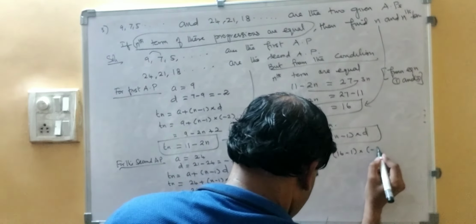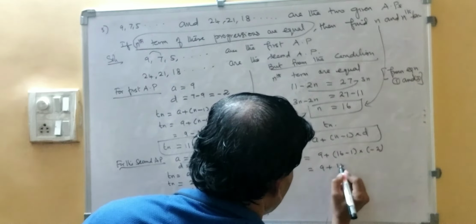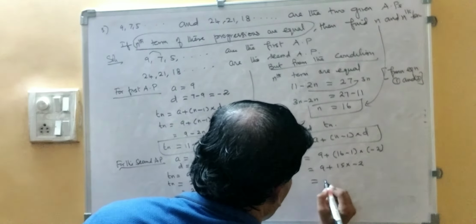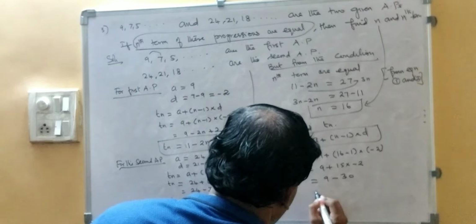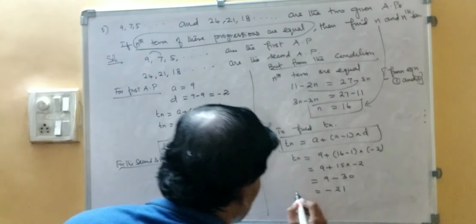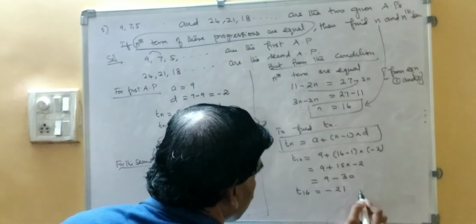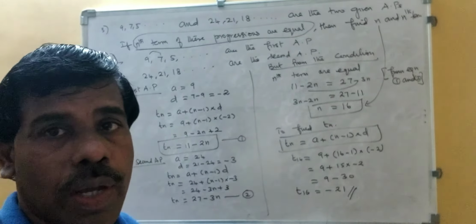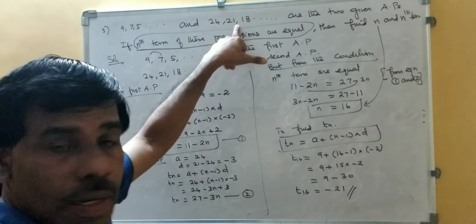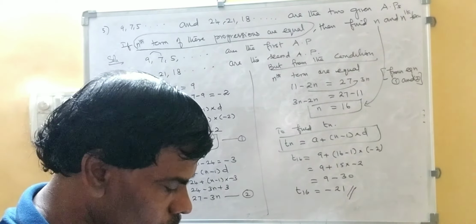Minus 2 is equal to 9 plus 15 into minus 2 equal to 9 minus 30 equal to minus 21. So T16 is minus 21. And similarly, you can take it from the second AP also, you will be getting the same thing. Understood now? Now we will do the next sum.